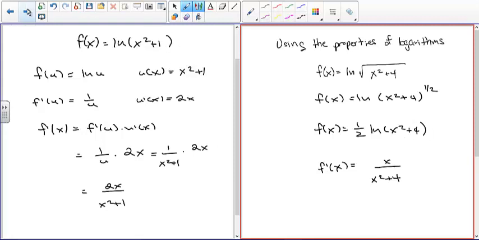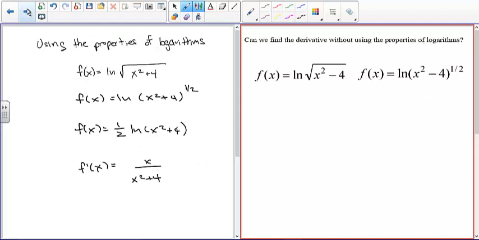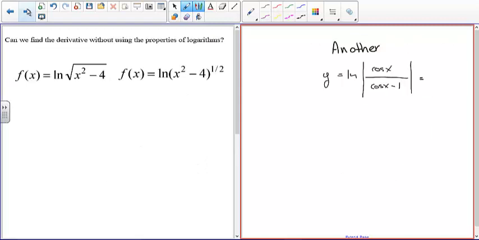Okay, let's look at a more complicated one. Here's another one. In this case, there are absolute values, and you might wonder why the absolute values are in this problem and were not in the last problem. One reason is because the sine function goes positive and negative.